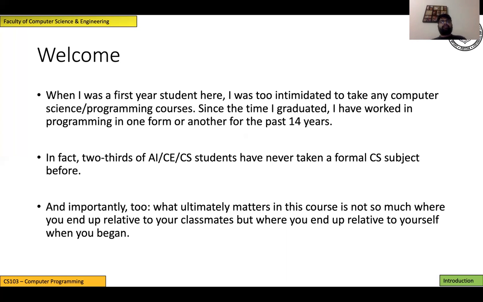So any kind of confusion, if you are nervous or if you feel uncomfortable in doing programming, you should allay those fears straight away, because here are a couple of facts about you or your peers around. At least 2/3 of AI, CE, and CS students will not have taken any formal CS subject course before.